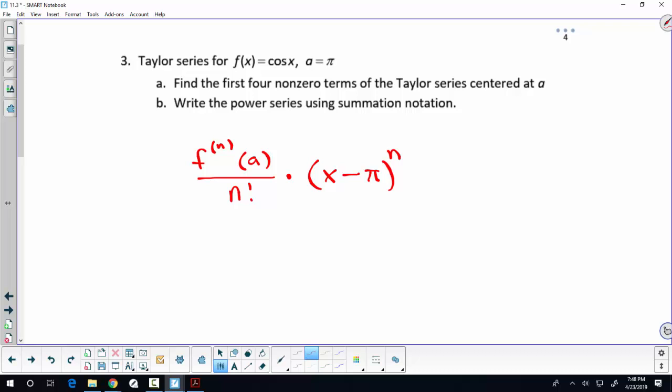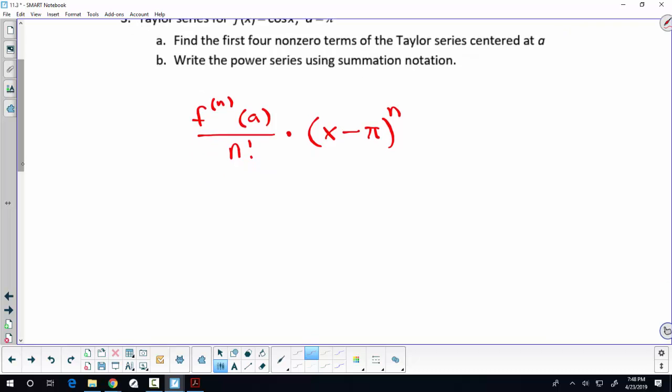You want to find the first 4 non-zero terms, so we'll go through the same process as in the last example, and then write the power series.